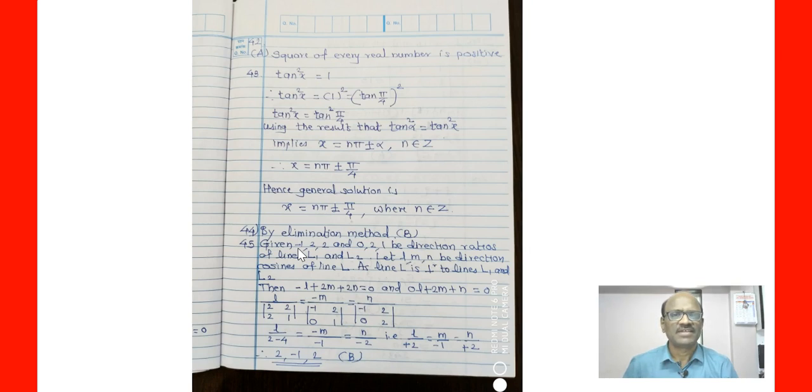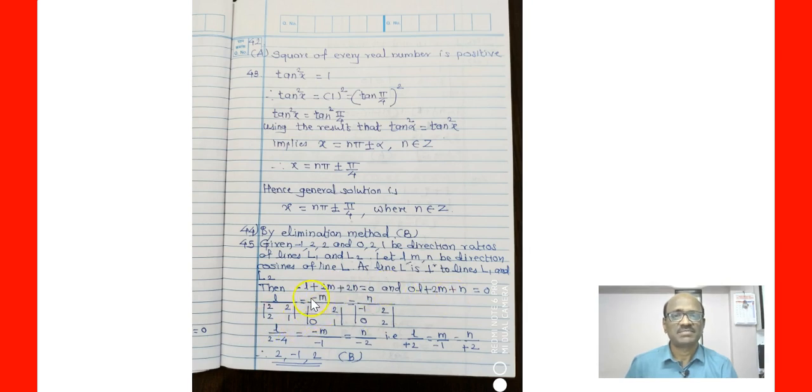Therefore its equation can be written with L1 and L2. Let l, m, n be the direction cosines of the line L, perpendicular to the given lines. Their equations are minus l plus 2m plus 2n equals 0, and 0l plus 2m plus n equals 0.